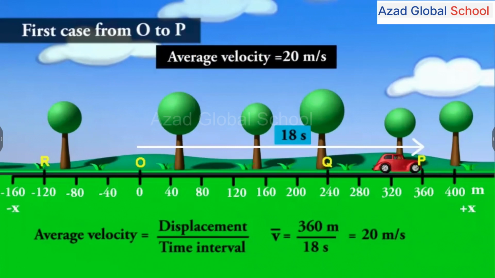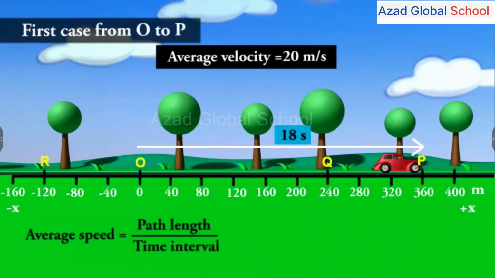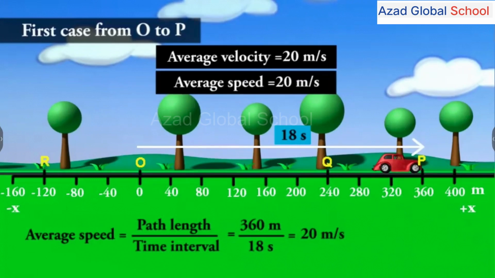Average velocity is equal to 20 meter per second. Average speed is equal to path length upon time interval, which is equal to 360 meters upon 18s, which is equal to 20 meter per second. Average speed is equal to 20 meter per second. Thus, in this case, the average speed is equal to the magnitude of the average velocity.